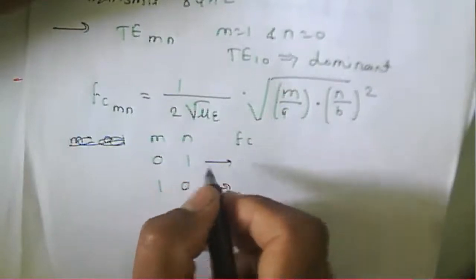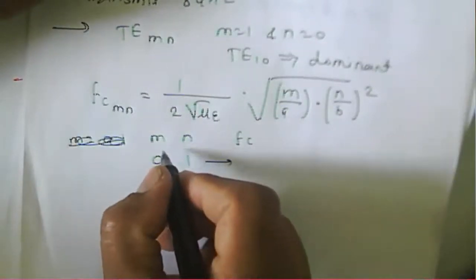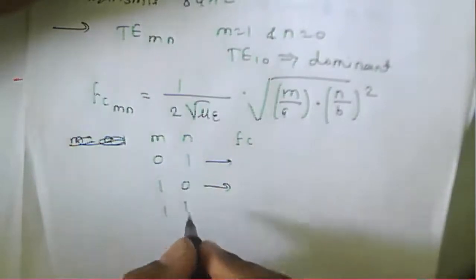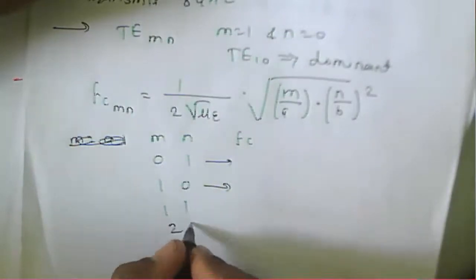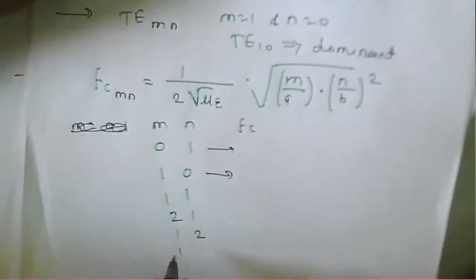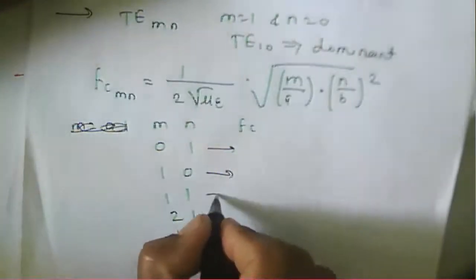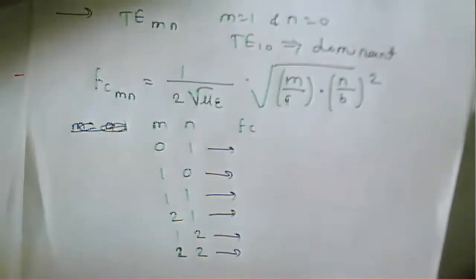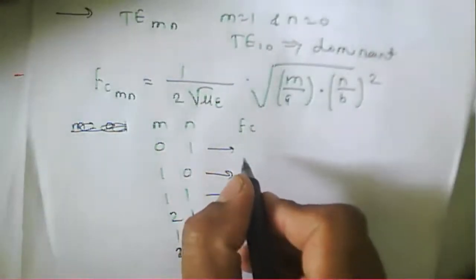For this TE mode, we now consider m and n values either 0, 1, 1, 0, 1, 1, then 2, 1, 1, 2, and likewise 2, 2. So you just put the values of m and n here and find the cutoff frequency.